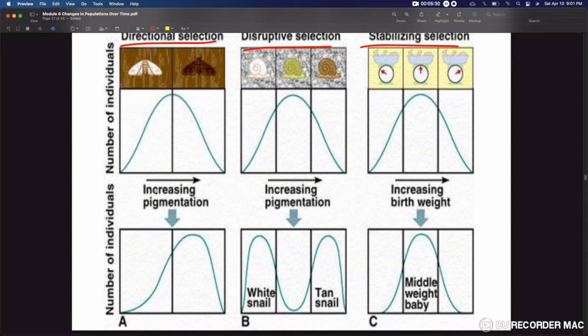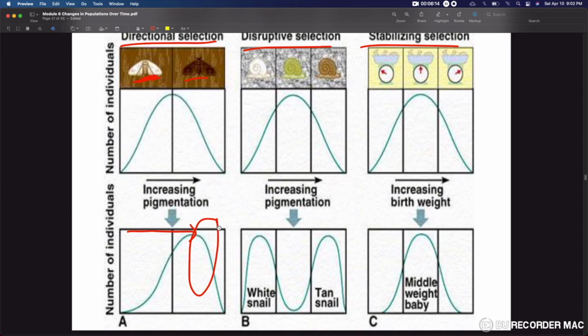For example, what happened during the Industrial Revolution: before, the numbers of white-peppered and black-peppered moths were more or less the same, but with the advent of the Industrial Revolution, all those factories and soot darkened the place and all the trees. That's why the white-peppered moth was selected against, since it can be seen on darker backgrounds. That's why directional selection favored your darker colored moth, increasing pigmentation.